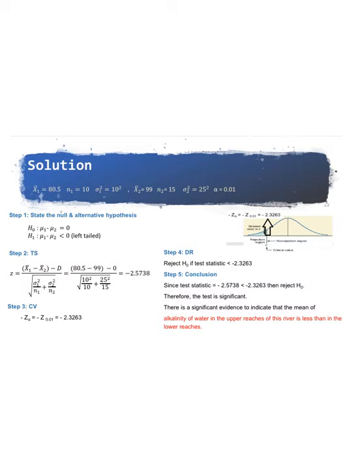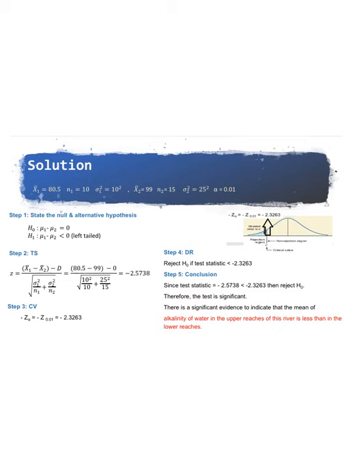So tengoklah, you define mu1 tu apa, mu2 tu apa. Mu1 kita adalah upper reaches, mu2 kita adalah lower reaches. So tadi dia kata upper less than lower. So that's why saya buat mu1 minus mu2 less than 0. So this one is, we are referring to the left tail.